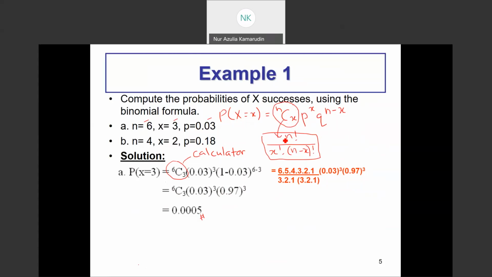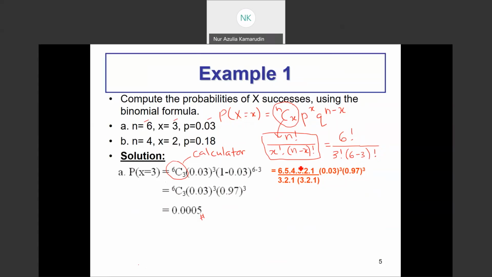Same, of course. So your n here is 6. In this case, you have 6 factorial here, x is 3, so 3 factorial, and of course n minus x, that is 6 minus 3 factorial.